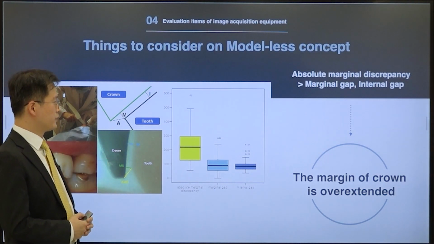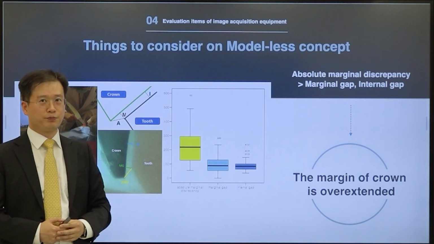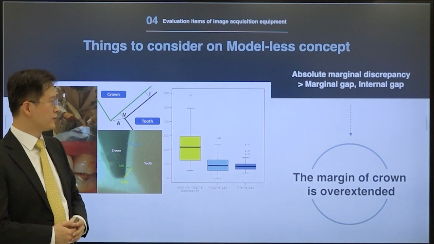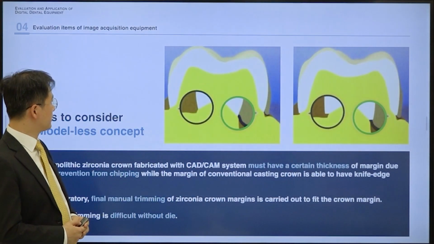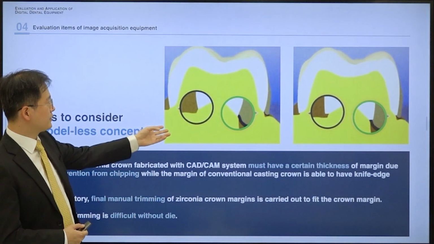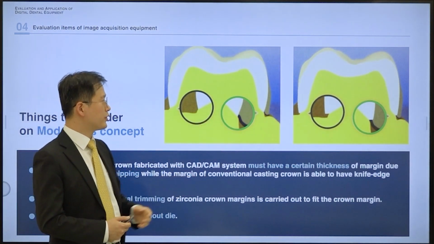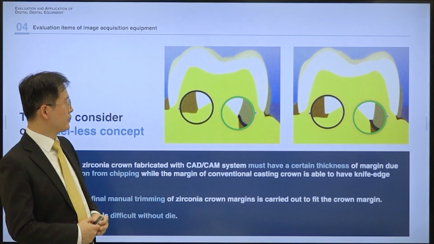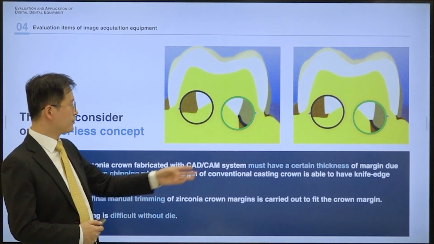I will show you what is different from the conventionally made crown. As you can see, a digitally made, modellessly produced crown can be over-contoured.